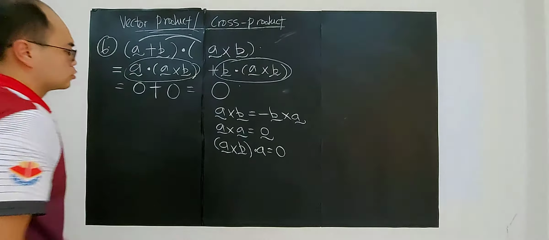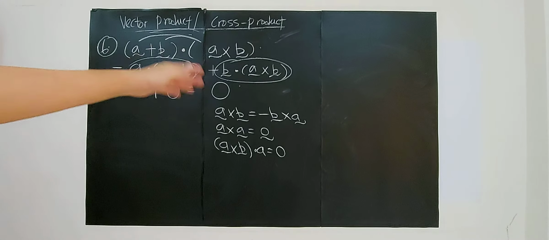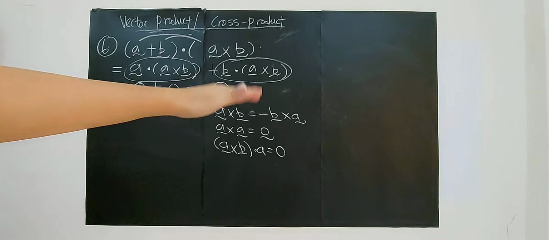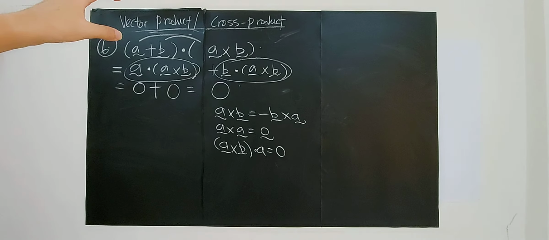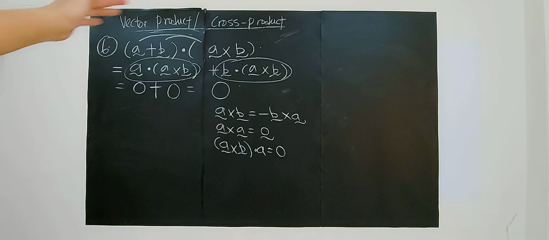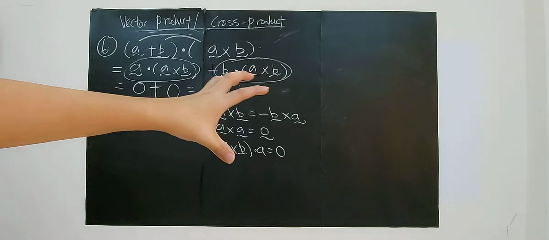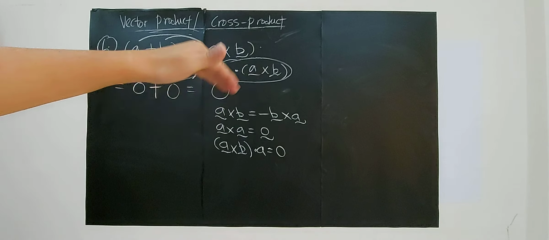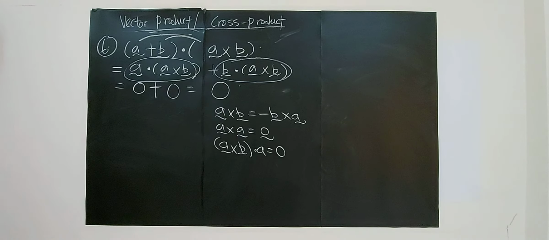So these are the 3 properties that I mainly talk about, and for all the 6 examples here I mainly use these properties. Make sure you understand and know how to use these properties. So that's all for this video. Hope you understand.